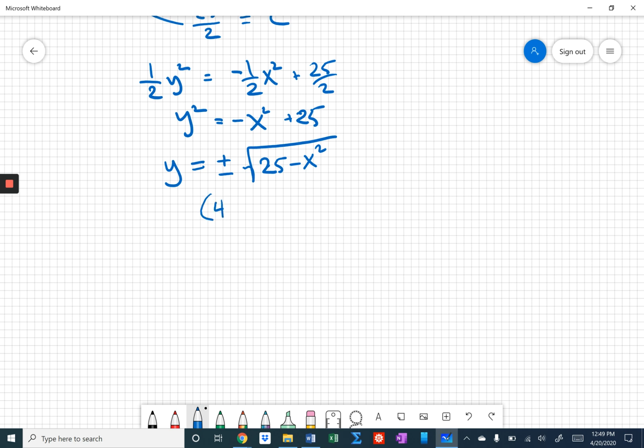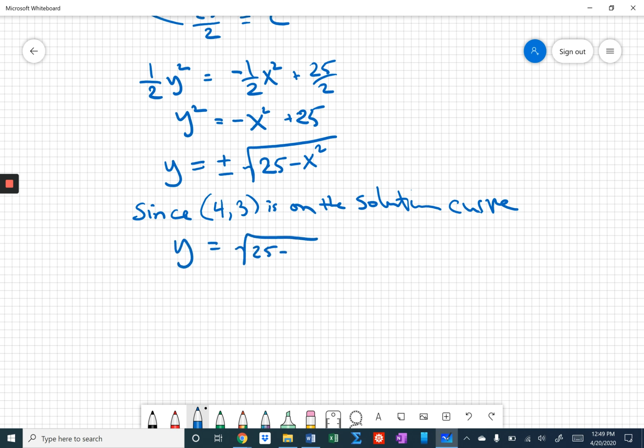So remember, we're choosing one of the two solutions. And since, I'll write it this way, since (4, 3) is on the solution curve, y is going to equal the positive root here, the square root of 25 minus x squared.